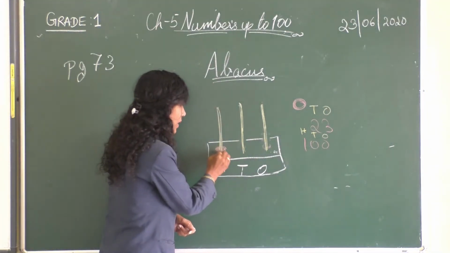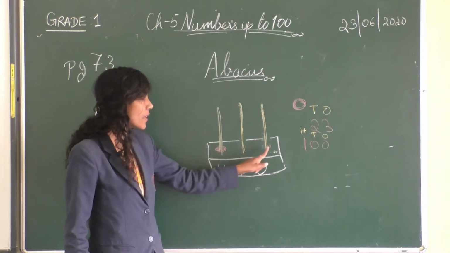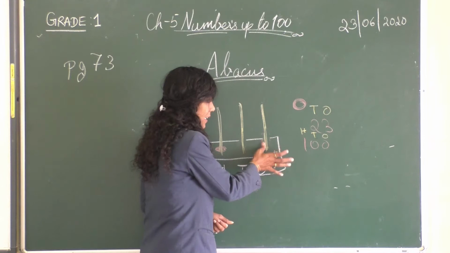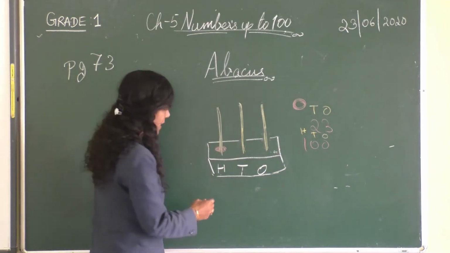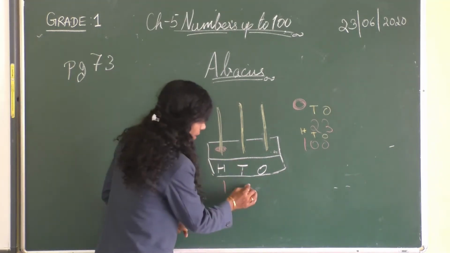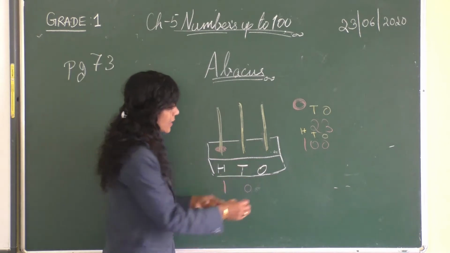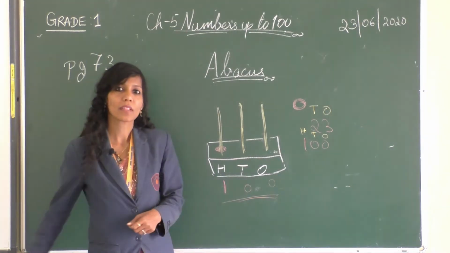So we put a bead only in the hundreds position. The rest will be completely blank. So we have 1 bead here, no bead here, and again no bead here. So you get your number 100.